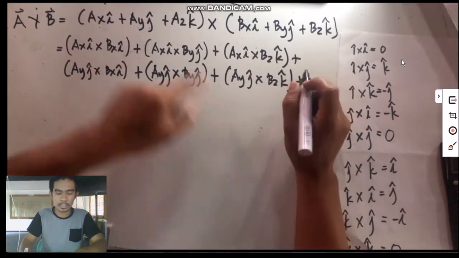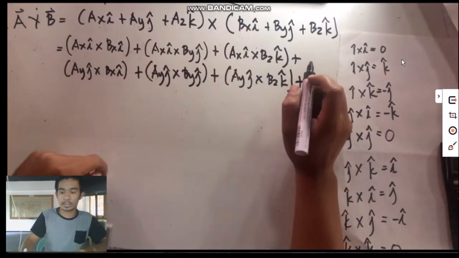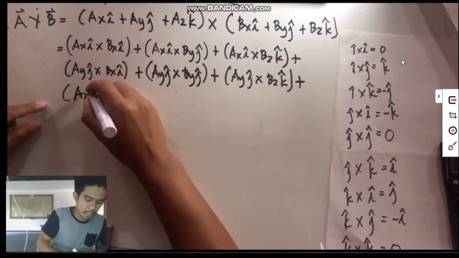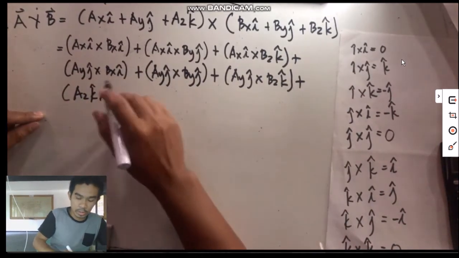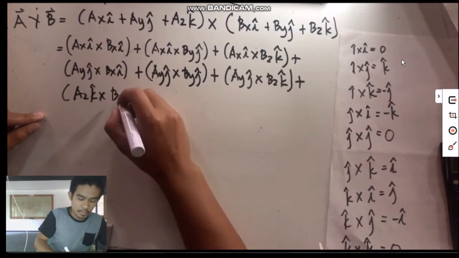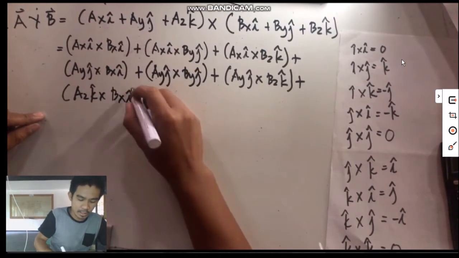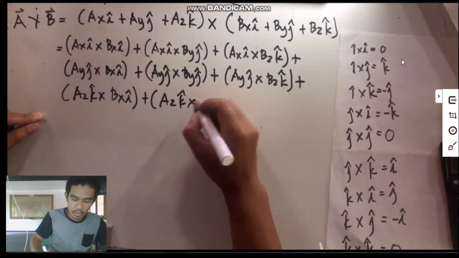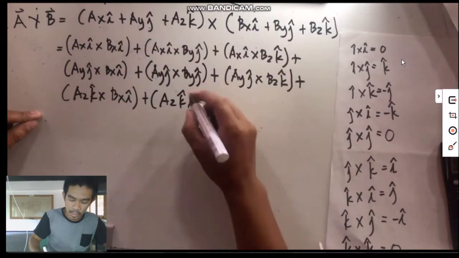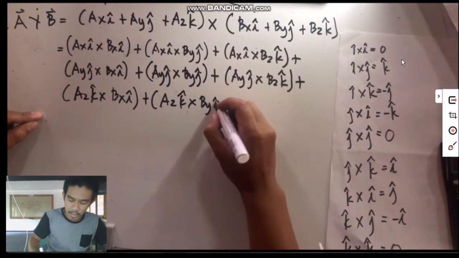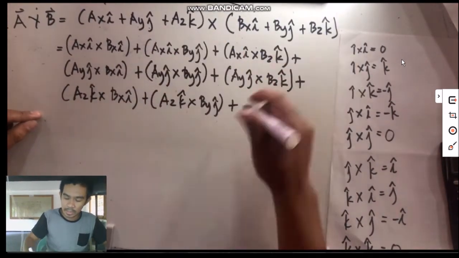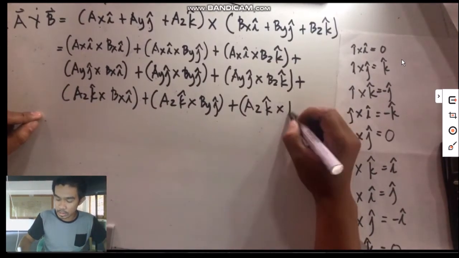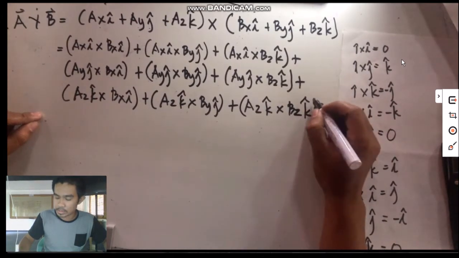Next is Az with Bx. So you have plus Az k hat cross Bx i hat, plus Az k hat cross By j hat, plus Az k hat cross Bz k hat.